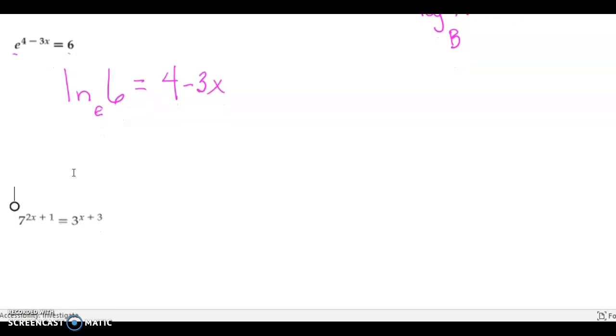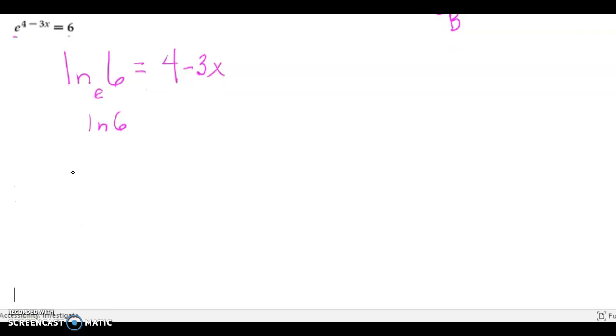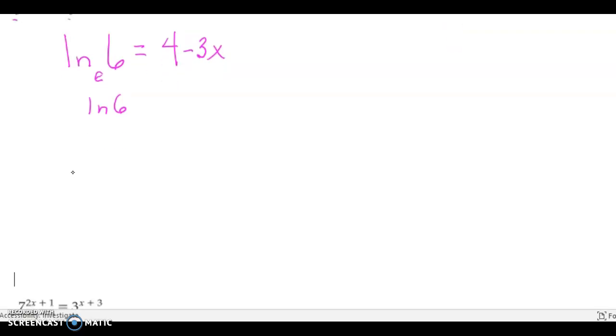We're solving for the exact answer first. So we have natural log of 6. You don't need the e, it's understood, remember. And first thing I want to do is subtract 4 from both sides. So natural log of 6 minus 4 equals negative 3x.